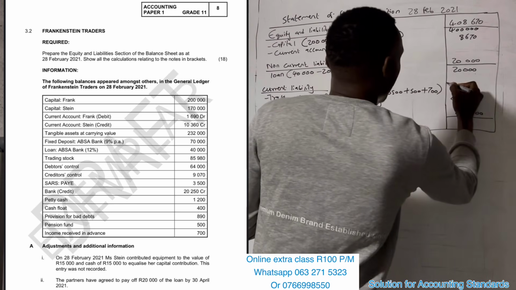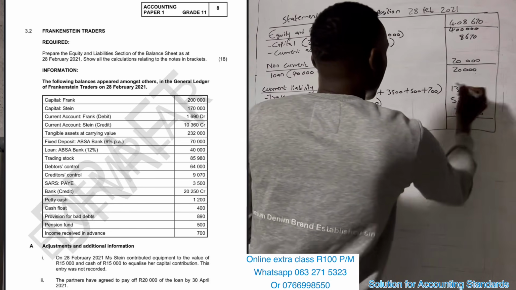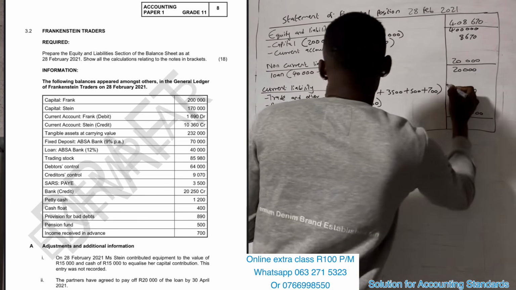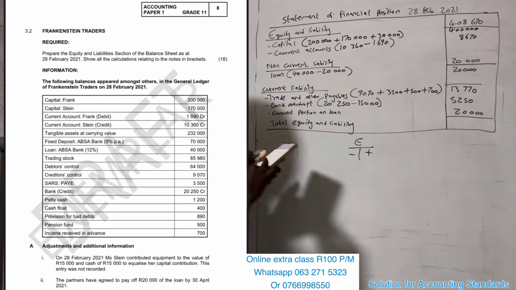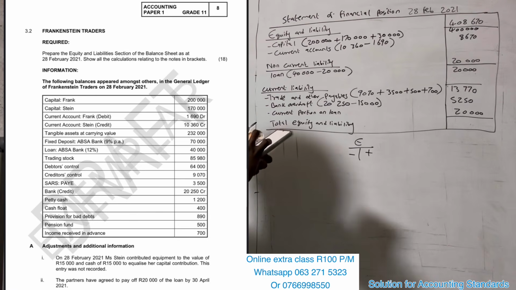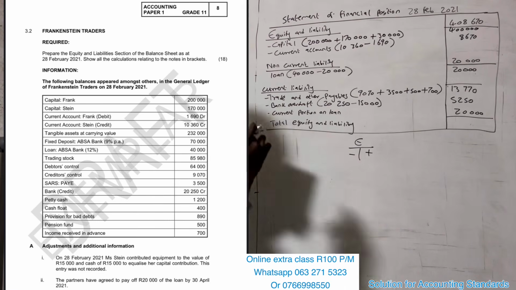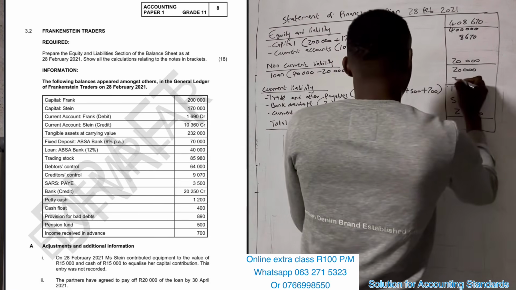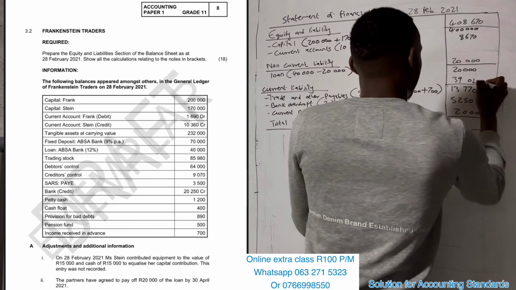Let's add totals. Firstly, you have to get a total of current liability. Let me calculate, because I didn't calculate on my notes. 13,770 plus 5,250 plus 20,000 is gonna give you 39,020.